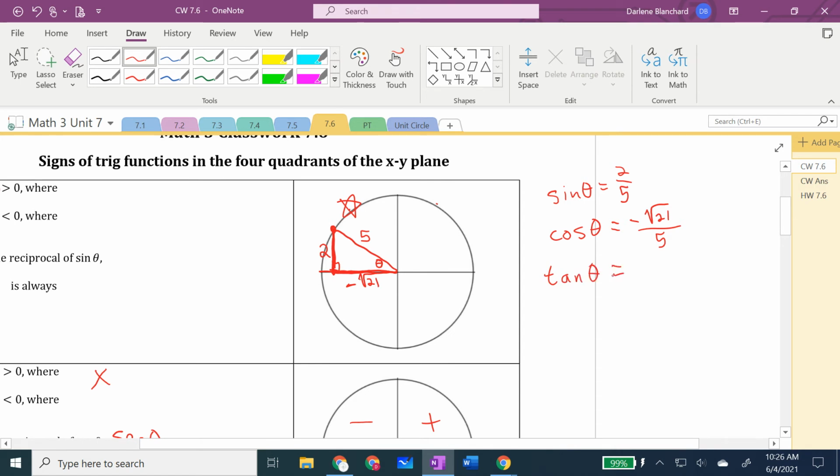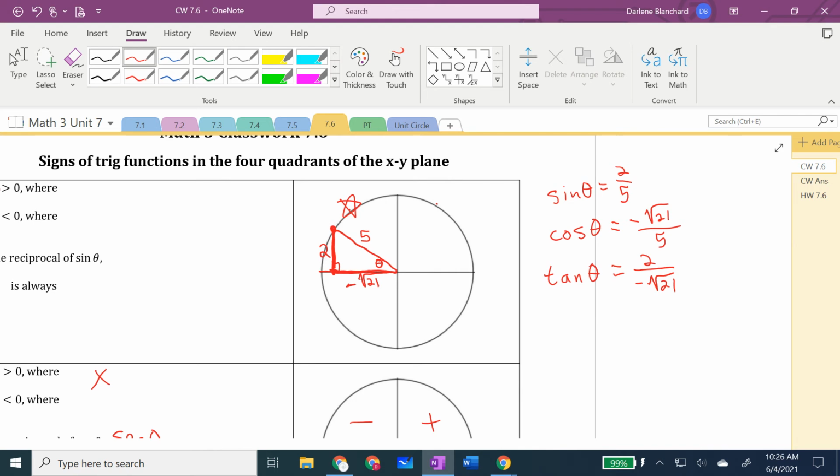And tangent is equal to opposite over adjacent. Opposite is a positive 2, adjacent is a negative root 21. From there, again, the other 3 are just reciprocals. So I just want you to see a little bit of, if you were asked to use the reference angles, this is what it's referring to.